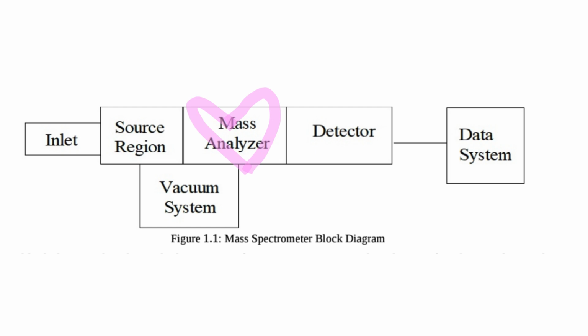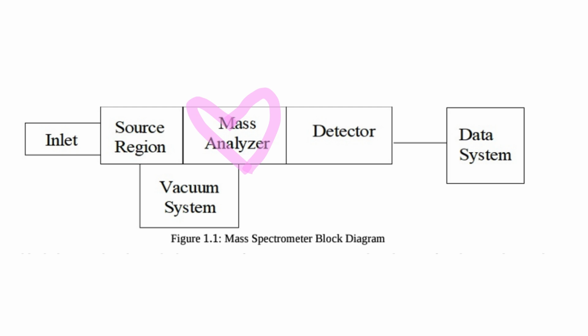This is a block diagram that shows the basic parts of a mass spectrometer. The inlet transfers the sample into the vacuum of the mass spectrometer. In the source region, neutral sample molecules are ionized and then accelerated into the mass analyzer.